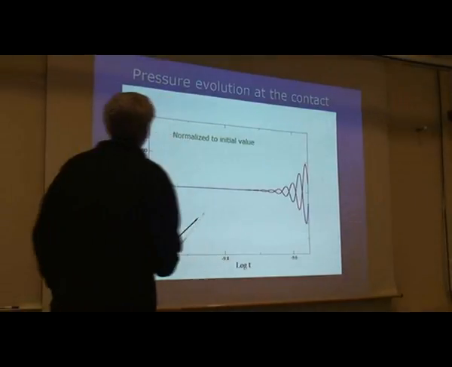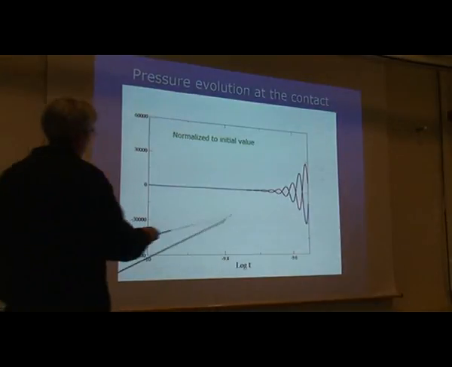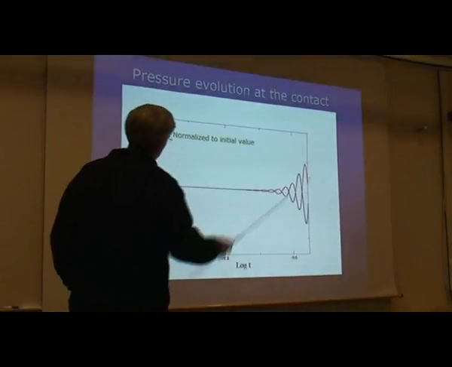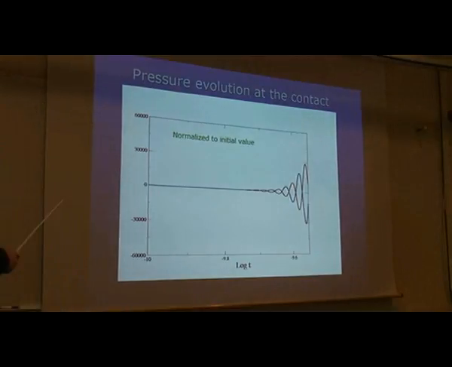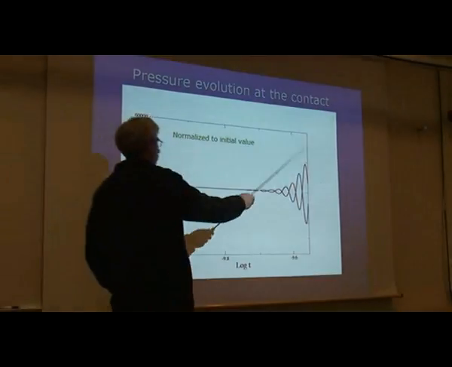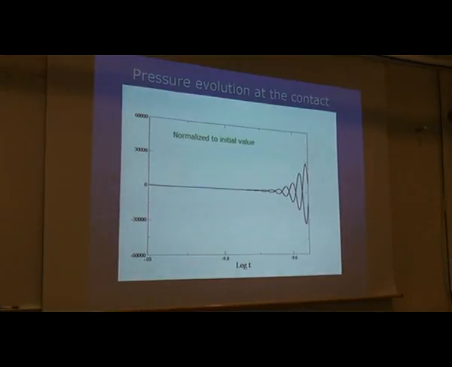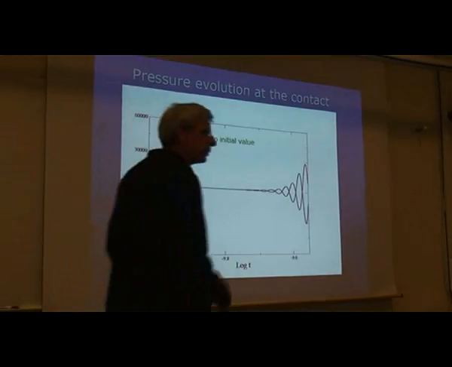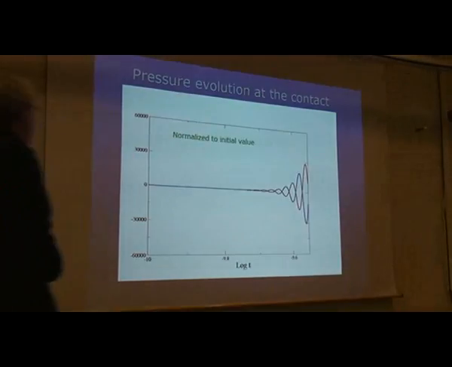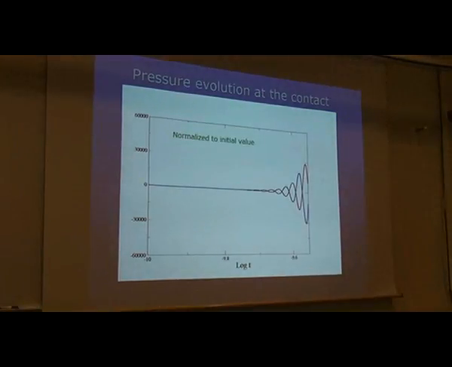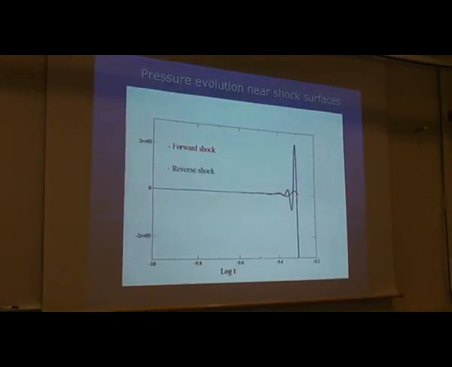Anyway, you see that the pressure also grows quite fast near the contact. And here there is an exponential growth, which is quite significant for this mode. I think L over gamma is 100 here, something like that. And near the shocks I find it's much weaker.